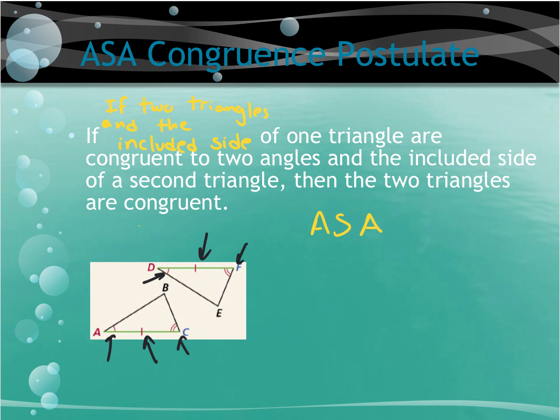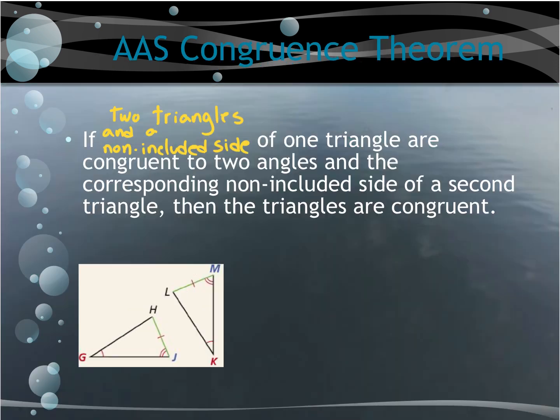So we can say, for example, that triangle ABC is congruent to triangle DEF by the angle-side-angle postulate, because we just showed that the angle, the side, and the angle of both triangles are marked as congruent.